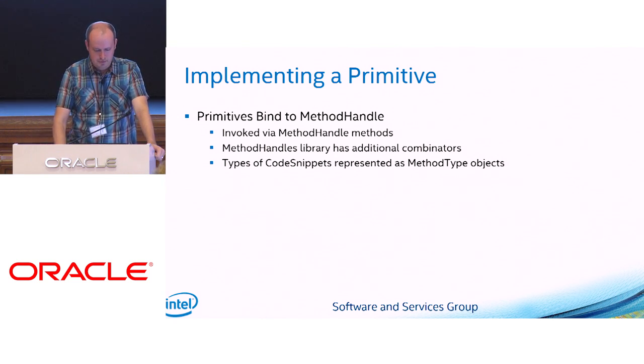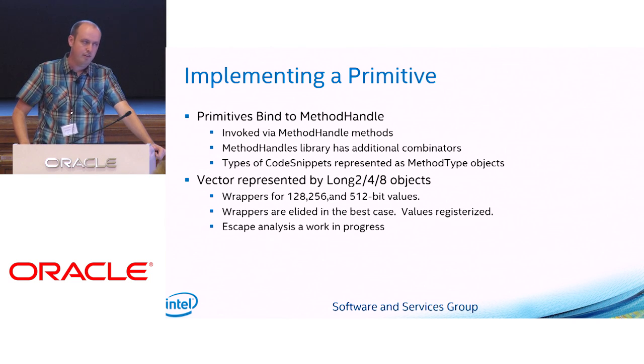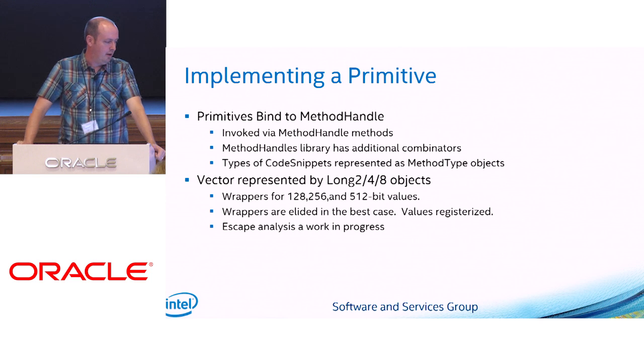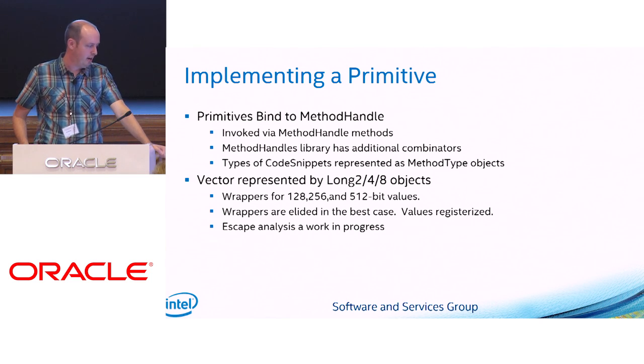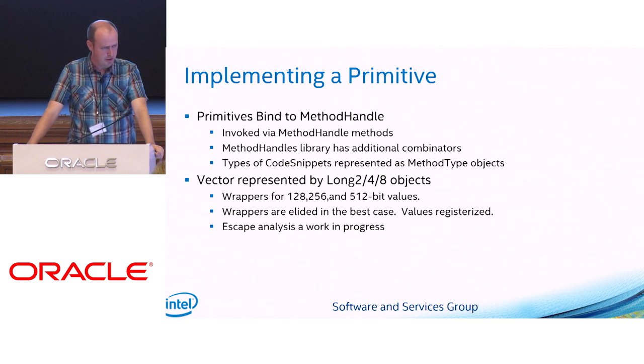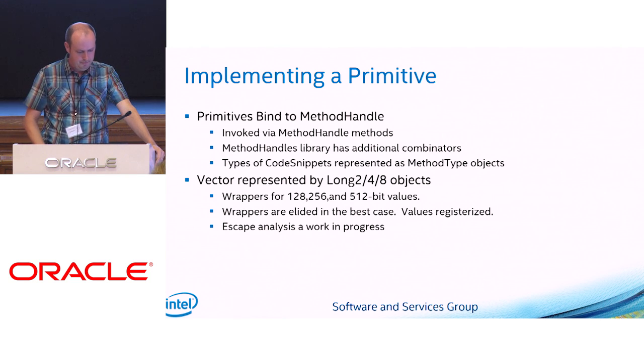And then, like we said, we use method type to describe the types. Vectors are represented by the long objects. In the best case, the wrappers can be elided and the values can be registerized, but escape analysis and box elision is still work in progress, though it's looking very promising at this time.